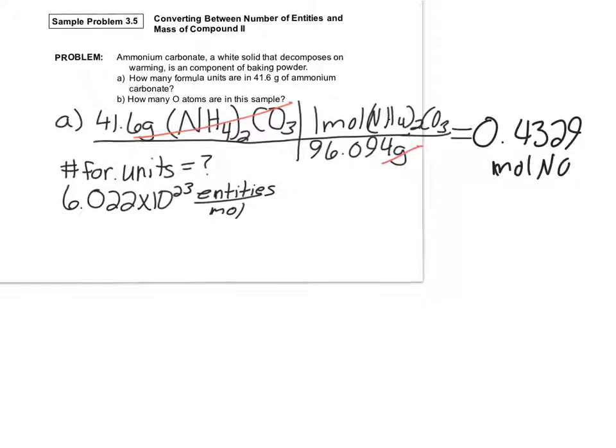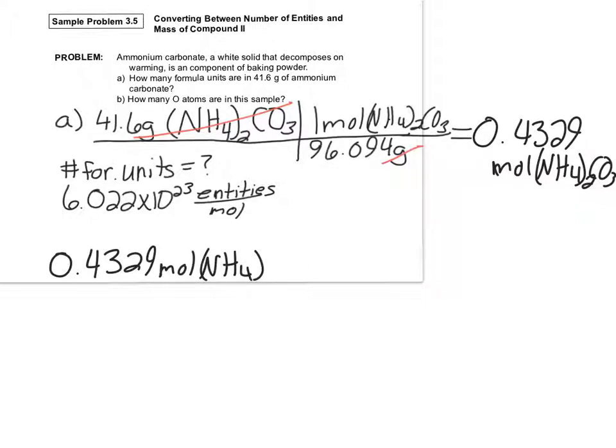I've got to fix that: NH4, I've got 2 of those, CO3. All right, so let me see now. I'm going to rewrite my moles down here so I can set up another T. 0.4329 moles (NH4)2CO3.